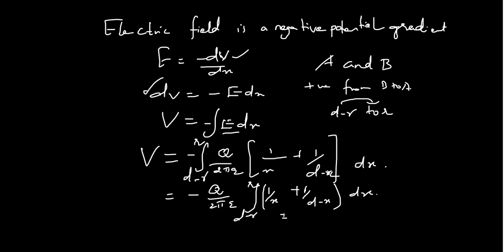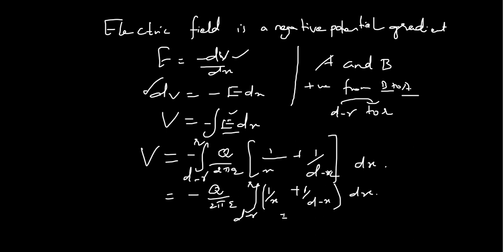The potential is nothing but the work done in moving a positive charge from B to A here, so from d minus r to r. So V is equal to the integral with the limits d minus r to r. Instead of E, you substitute the value Q by 2 pi epsilon into 1 by x plus 1 by d minus x into dx.